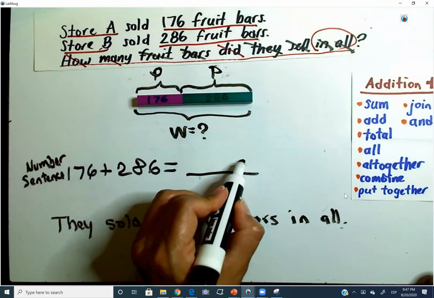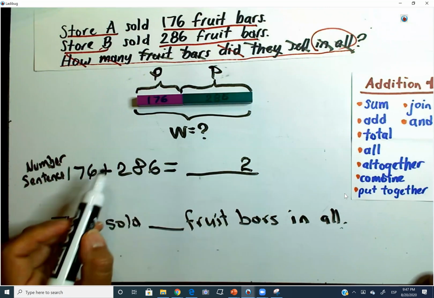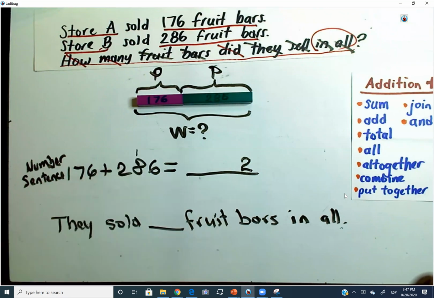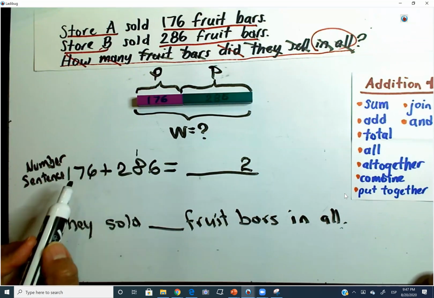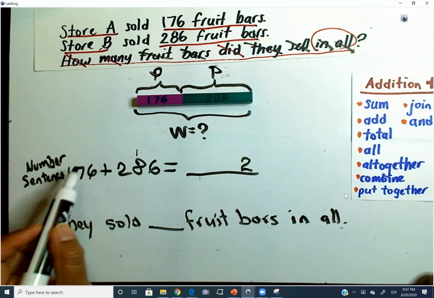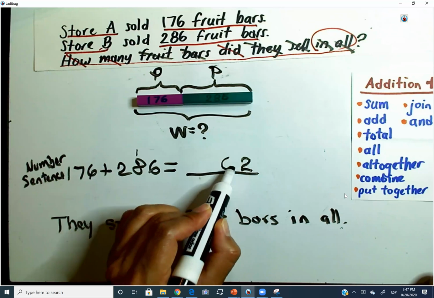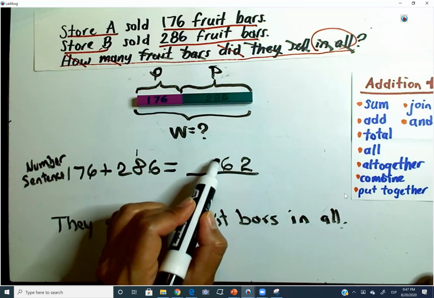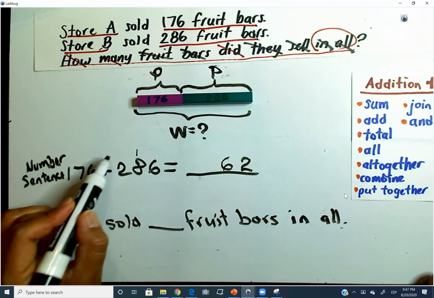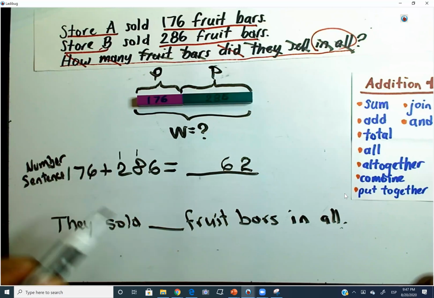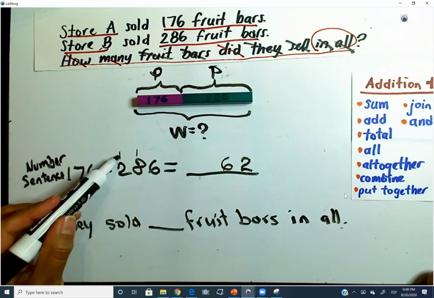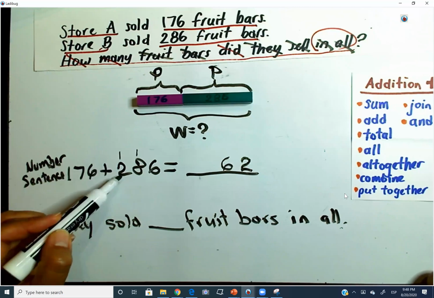I put the 2 in the ones, and the 1 of the 12, I put it on the tens. I do 7 plus 1, 8, plus 8, 16. I put the 6 here, and the 1 of the 16 is 16 tens, so it's going to become 100. So I put it in the hundreds place. Now 100 plus 100 is 200, plus 200 is going to make 400.